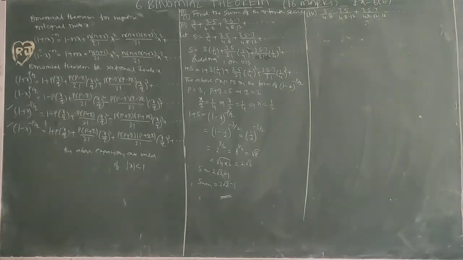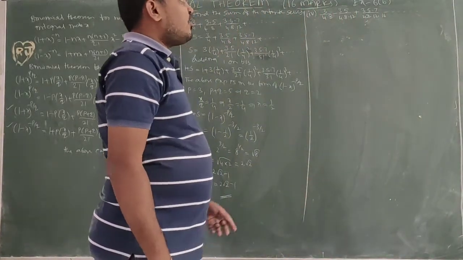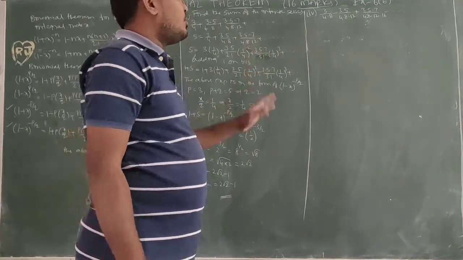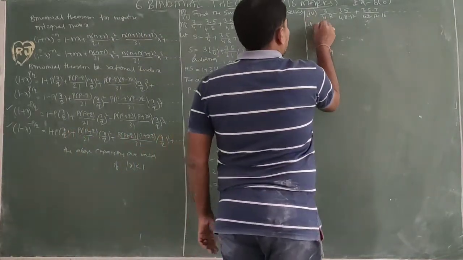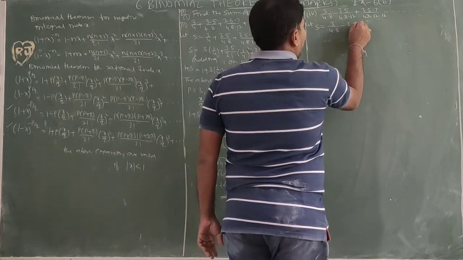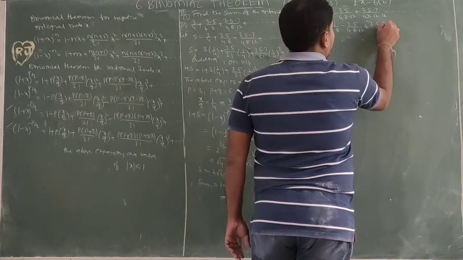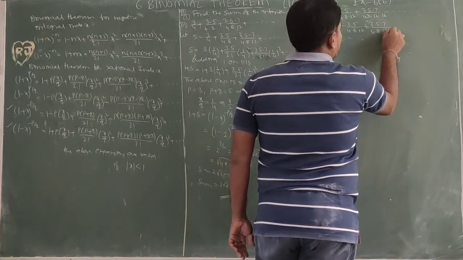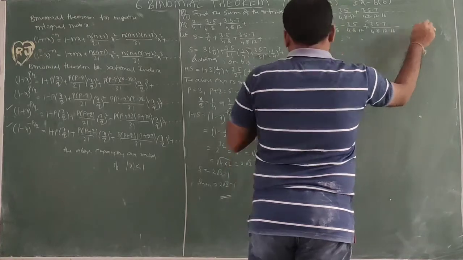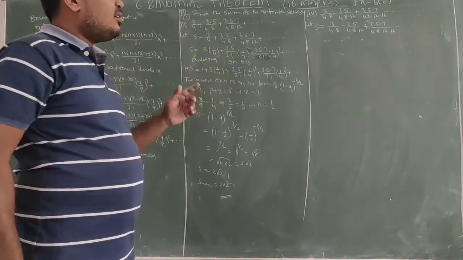So this expansion is given. If we observe carefully, first the denominator is the 4 table. Let S equal to 3 by 4 into 8 minus 3 into 5 by 4 into 8 into 12 plus 3 5 7 by 4, 8, 12, 16 up to so on. So if we observe the denominator, it is the 4 table.